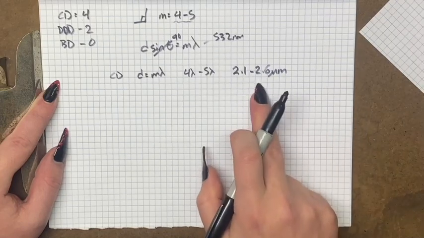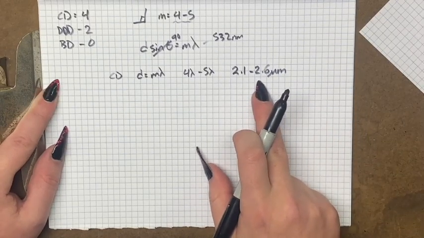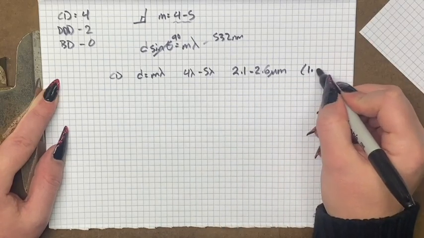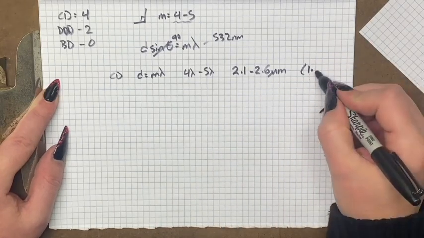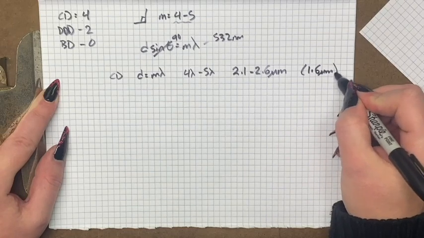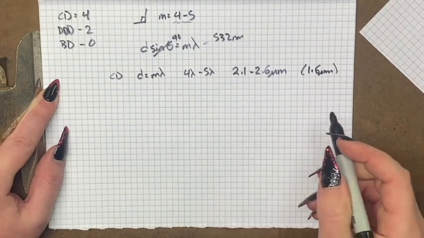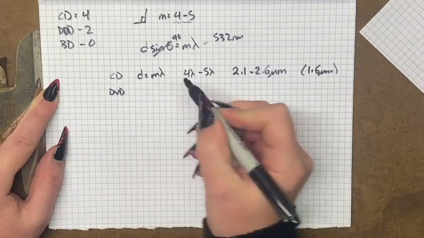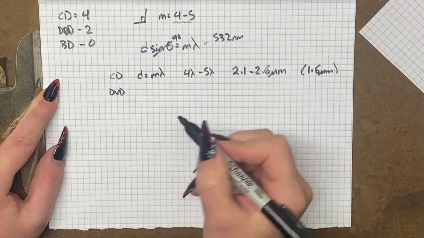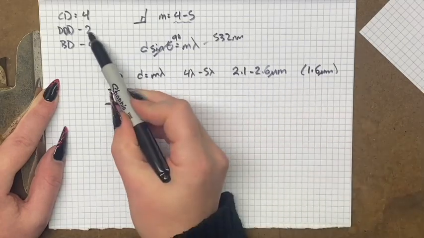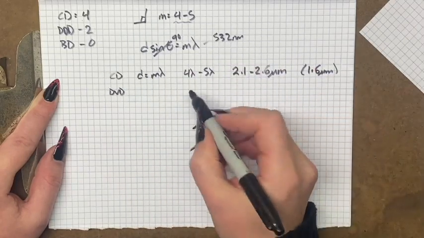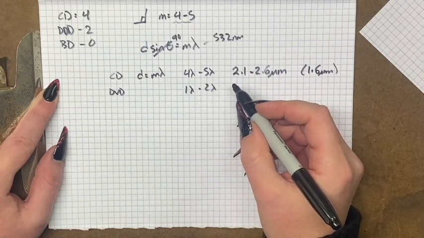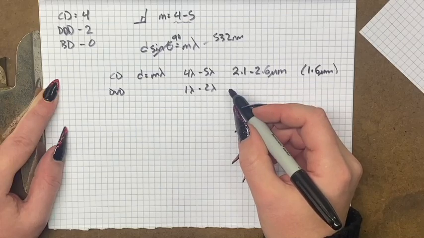And I'm already a little suspicious about this, because when we look this up, the true value, as known from technical specs on the internet, is 1.6, and that falls outside this range. So something about this doesn't look right. And I was further disappointed in finding out that the DVD doing the same thing, saying from 1 to 2 would be 1 lambda to 2 lambda, also came out to something a little bit nonsensical.